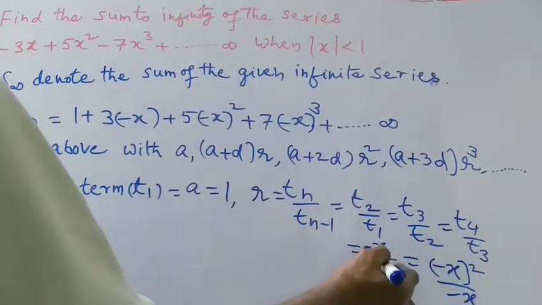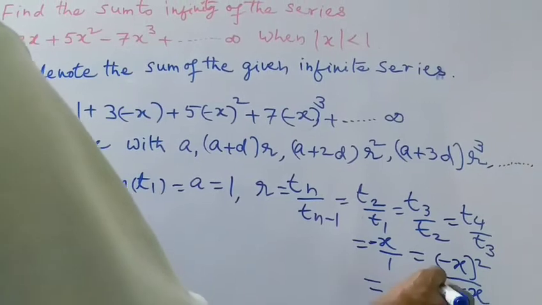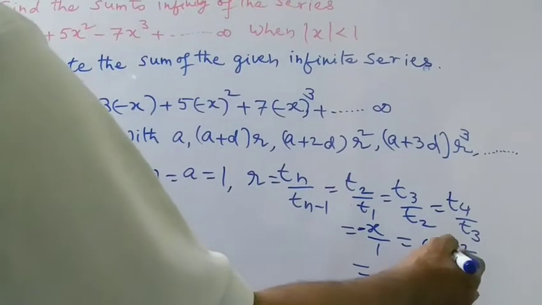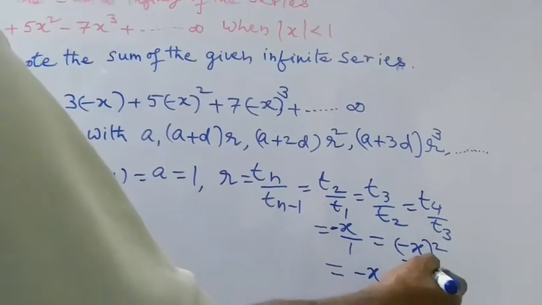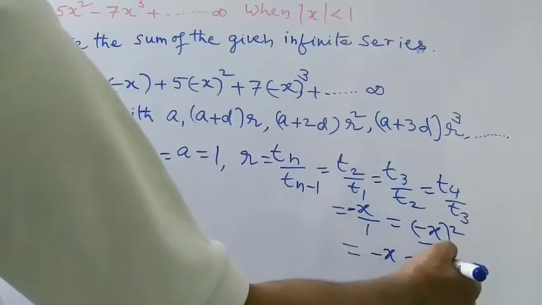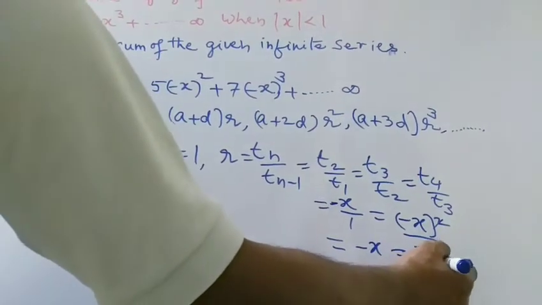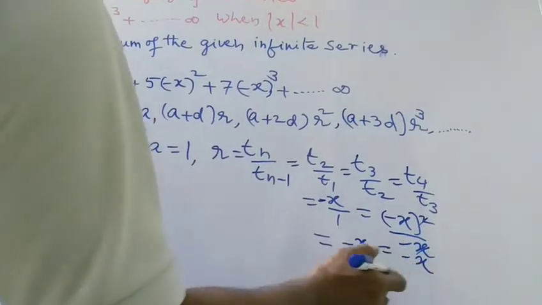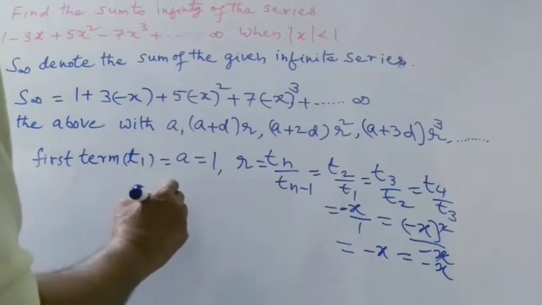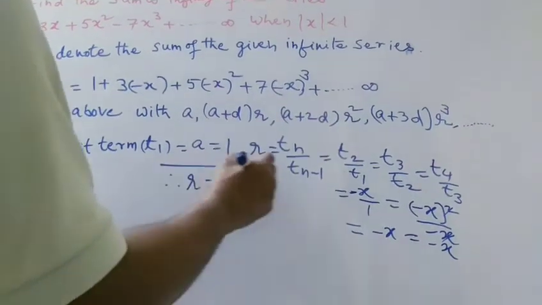Minus x whole square becomes plus x square divided by minus x. After cancelling x and x square, it becomes also minus x. Therefore the common ratio R is equal to minus x.